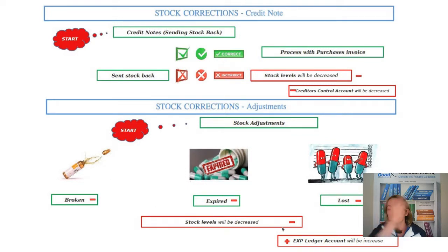Okay. Then there's one other scenario where you need to make a stock adjustment, but that will only be on your value. If you work with negative stock, then you will sometimes have to do a stock re-evaluation on the values of your stock items.